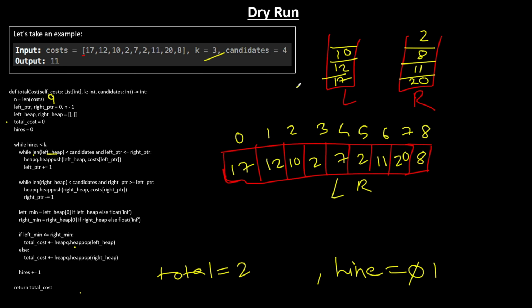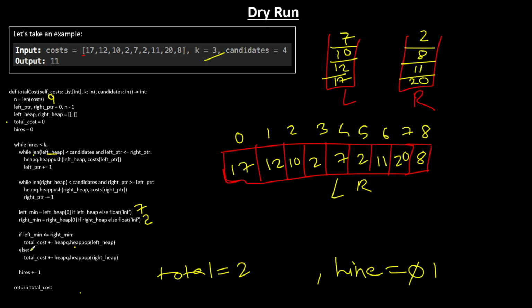And we will push this value into our left heap. Okay, fine. And right heap, the length of the right heap is exactly 4, so we won't do anything here. Okay. Then we will come again, in the left min heap we will have 7. And the right min, we will have what? We will have 2. Okay, from here.